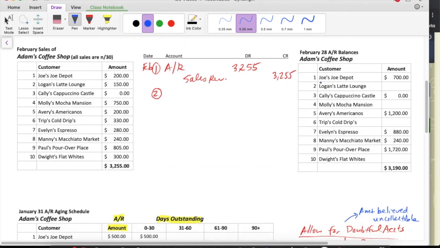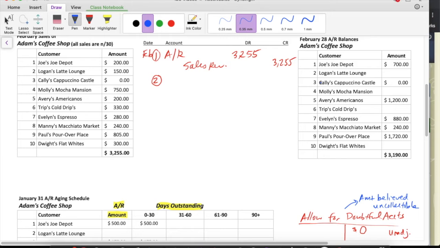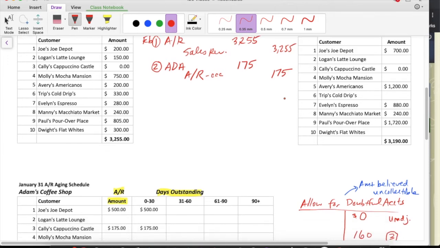So we need to write off Callie's Cappuccino Castle's accounts receivable balance. So how do we do that? Well, as we did in the previous video, allowance for doubtful accounts will be debited for $175, and we get rid of accounts receivable for Callie's Cappuccino Castle, $175. So that's what happens here at the beginning of February.